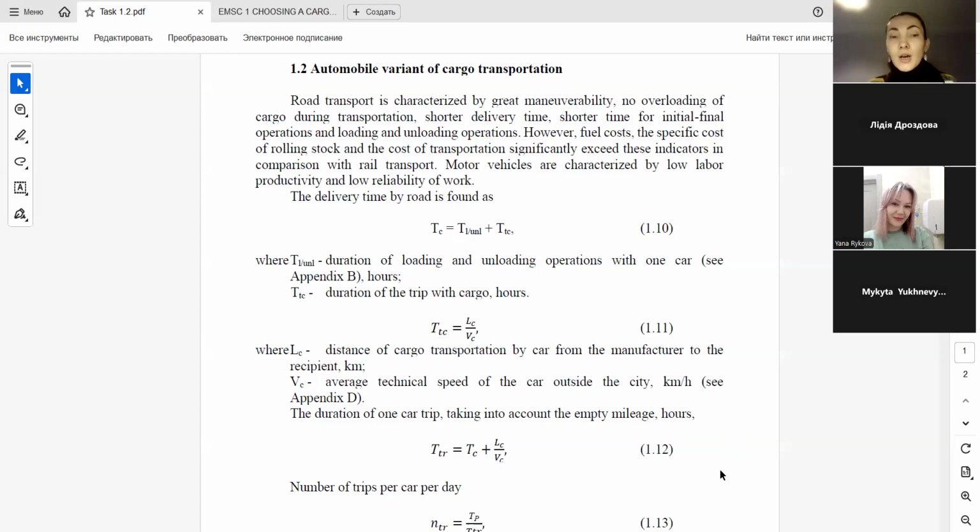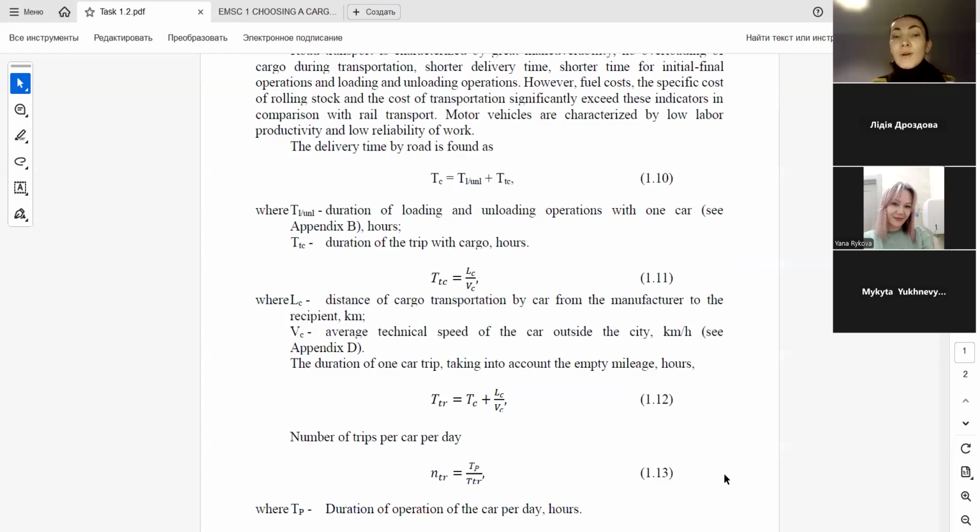Okay, and our next formula is formula 1.13. We need to calculate the number of trips per car per day: how many trips one car could do in one day.